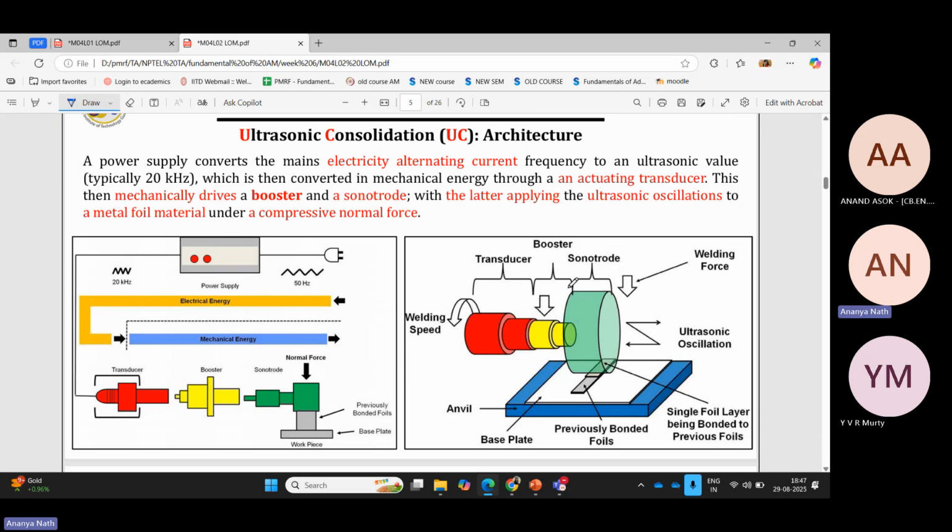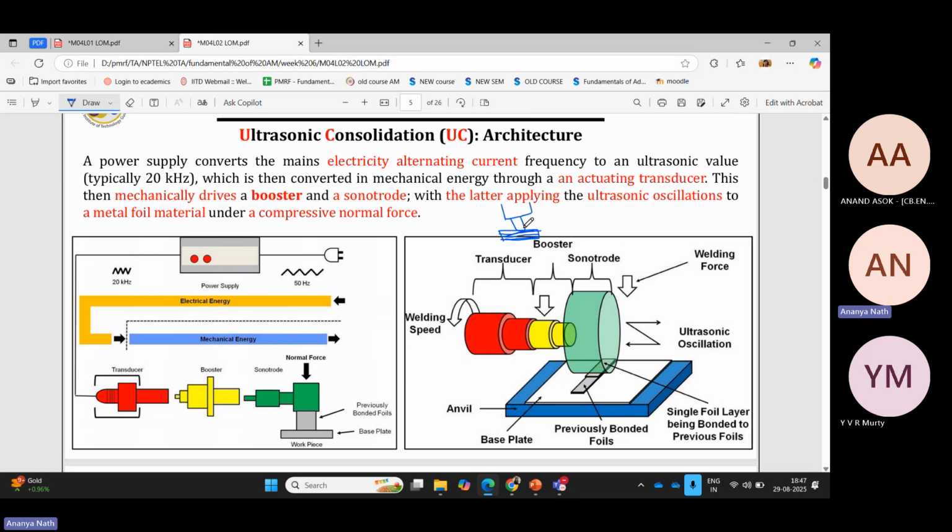This sonotrode is mounted through this spindle arrangement through the transducer. This drum can rotate. Also, it can come from the top of the machine. In this picture, it looks like it's rotating, but it can also look like this. This is your part, for example, inside your part you have the layers, and the sonotrode is coming like this.